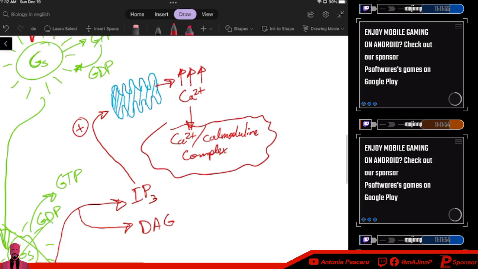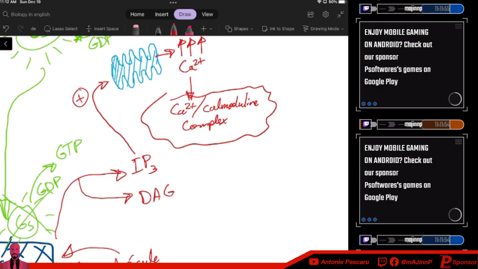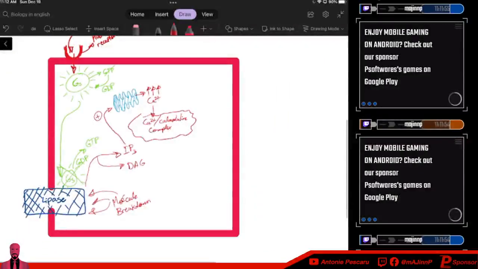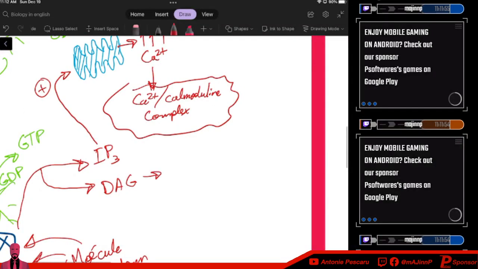So it's going to create that complex. Whereas if we go to the DAG, this is going to activate another kinase. But they're both going to have the same effects.